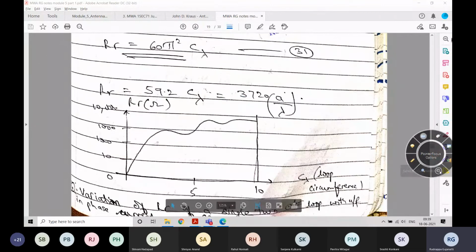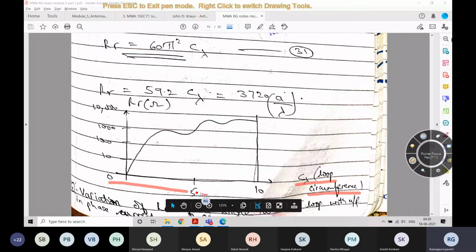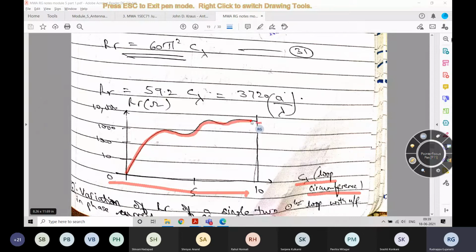So this is associated with the radiation resistance. Now we can observe what happens if c by lambda keeps on increasing, say from 0 to 10. It keeps on increasing initially in a linear form, then it starts to decrease by some amount, and when it is again 5, it slightly increases and tries to retain its value.